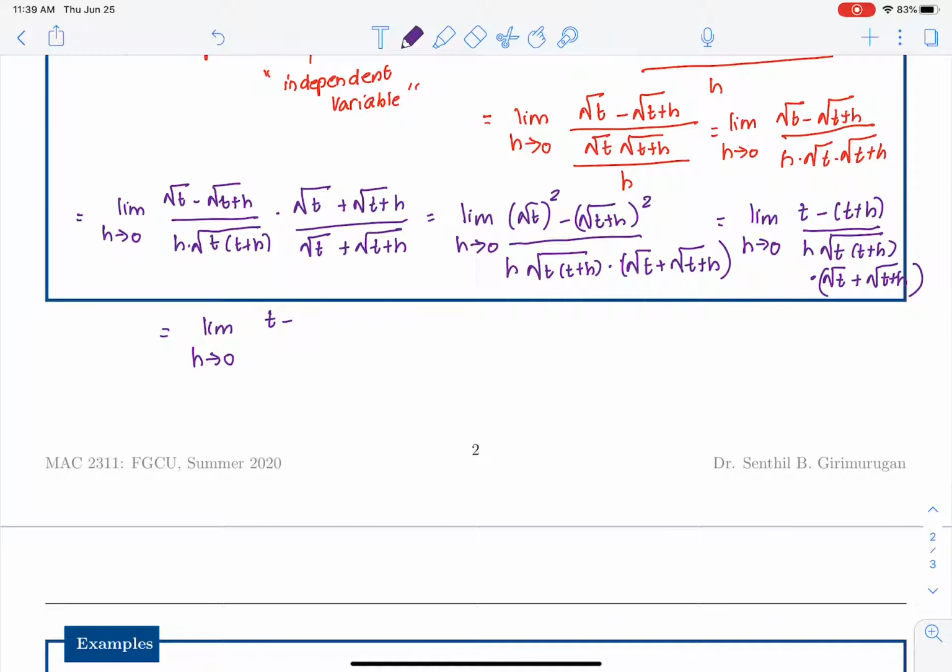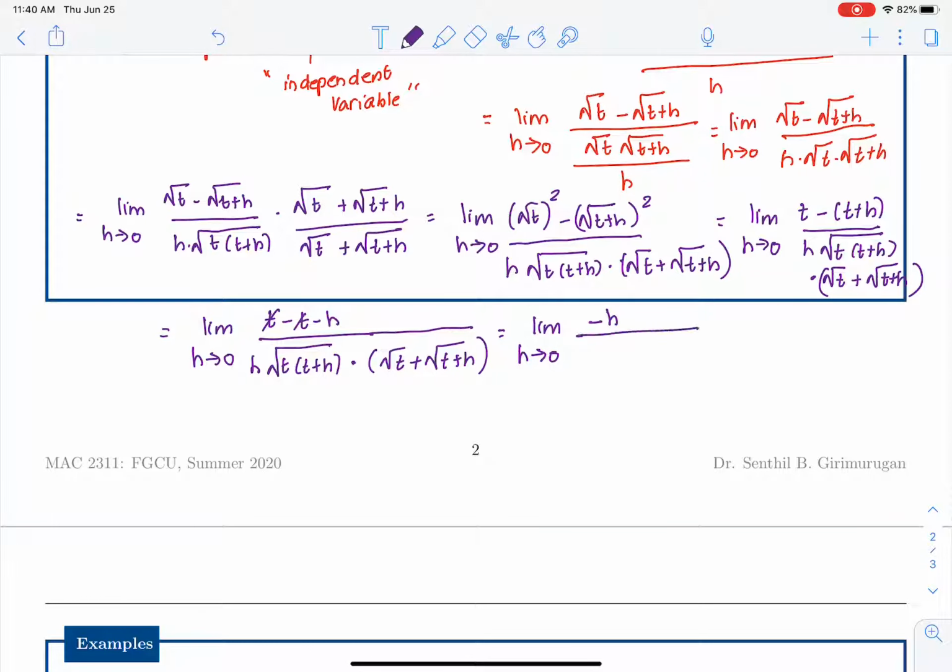Distribute the negative, we have t minus h divided by h times square root of t times t plus h times square root of t plus square root of t plus h. So the t's will get cancelled. We'll have limit h approaches 0, negative h over h times square root of t times t plus h times square root of t plus square root of t plus h.